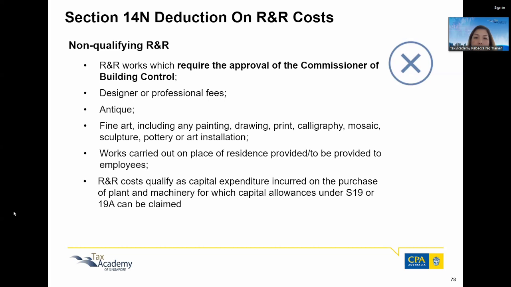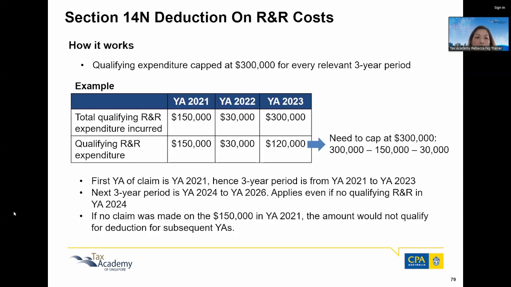So first step, we identify what is qualifying renovation and refurbishment expenditure. So how does it work? After we have identified the qualifying R&R costs for each year, we will tabulate them in a table like this.